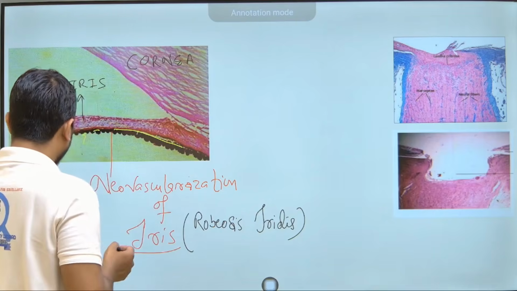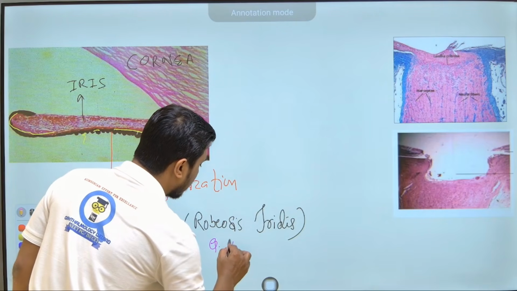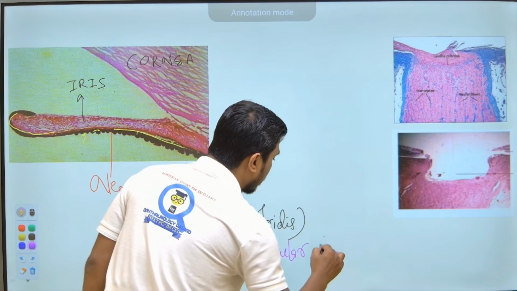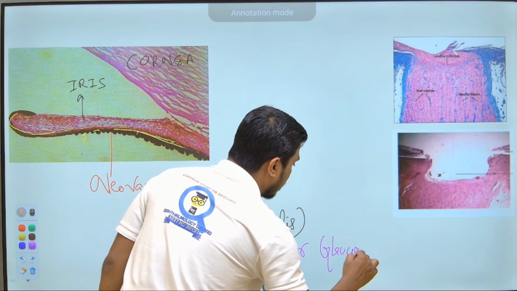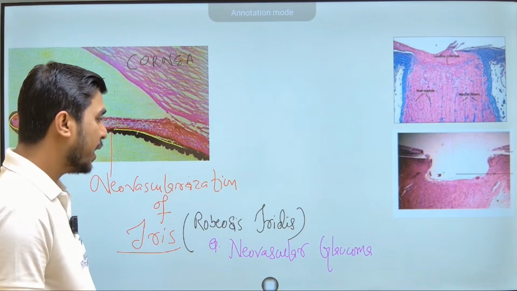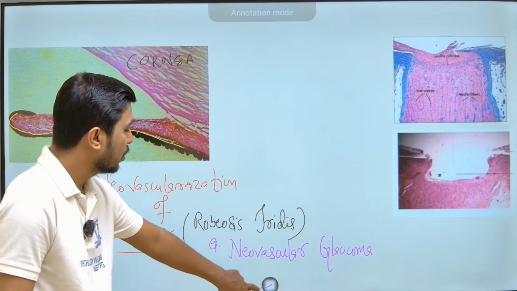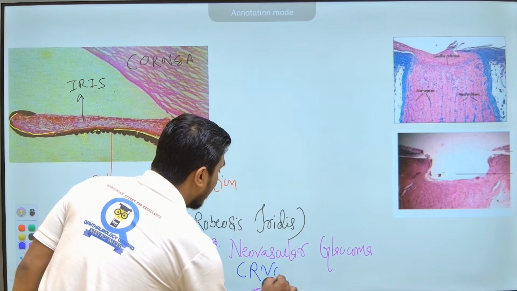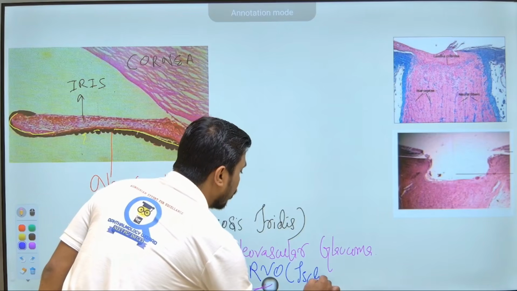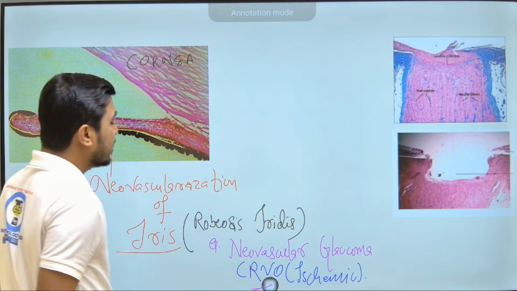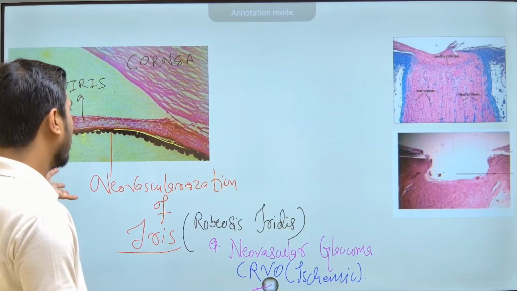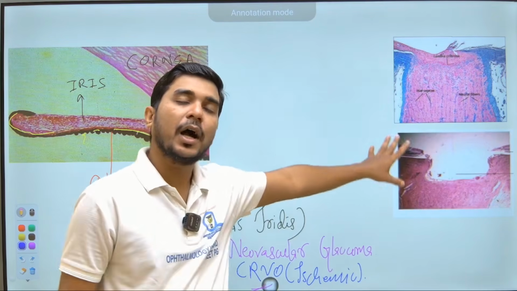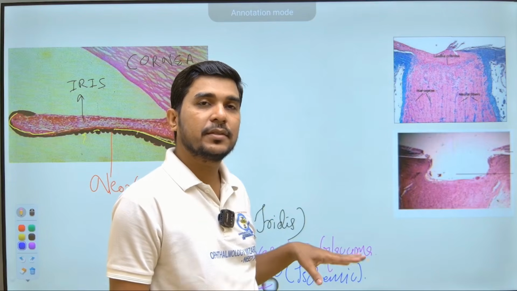The most common is neovascular glaucoma. Also you can see it in CRVO, basically ischemic CRVO. So this is a very important MCQ regarding this. Okay, understood this histology?